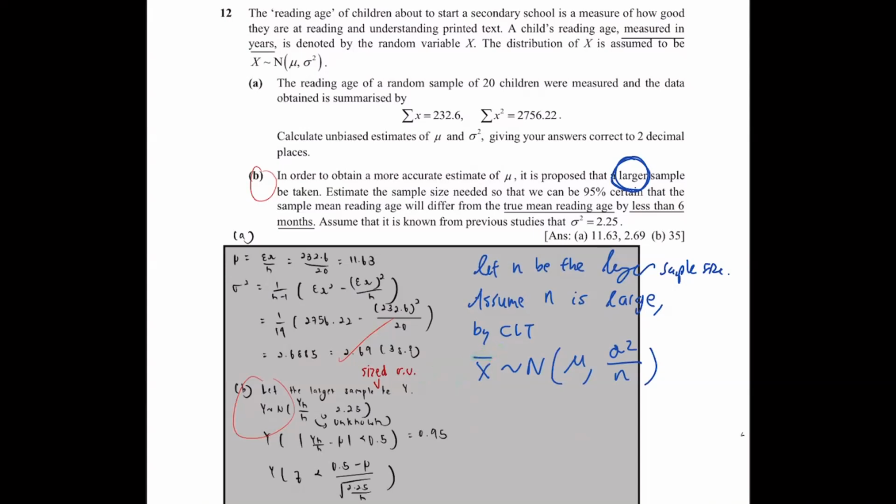If I use y, it will be wrong. It's not wrong, but it's confusing. Okay. Then in this case you want to be 95% certain that the sample mean reading age differs from the true mean reading age by less than 6 months. The true mean.